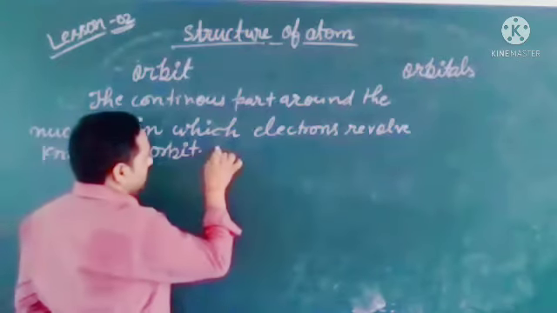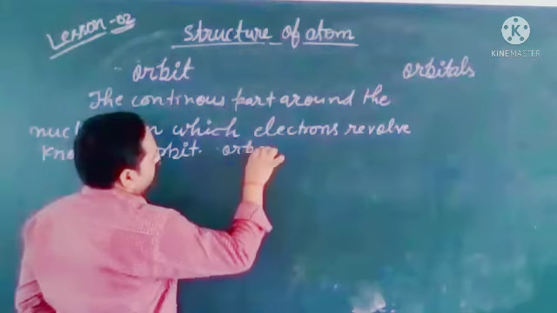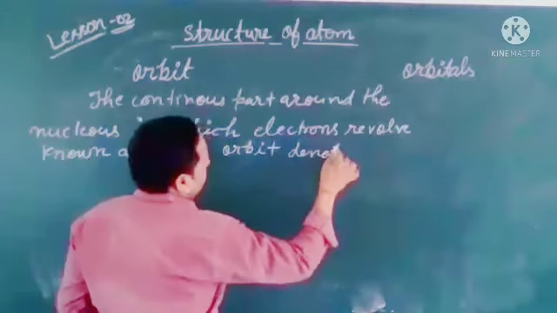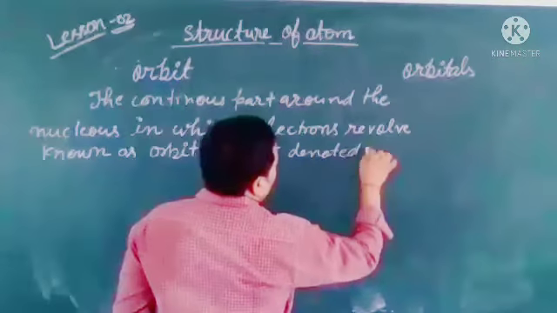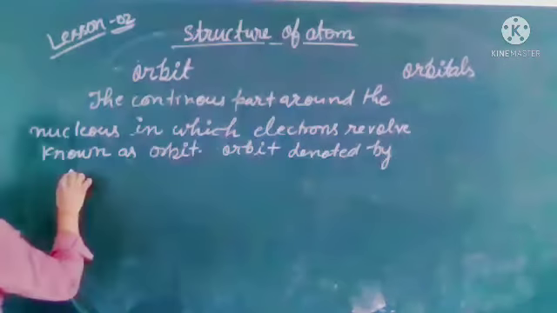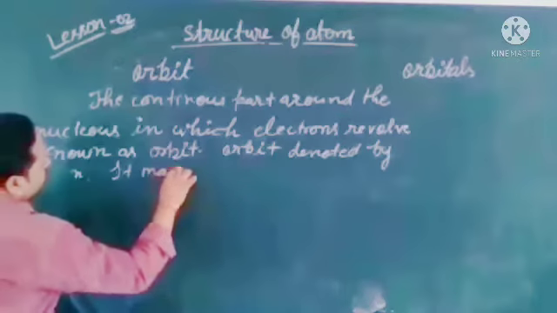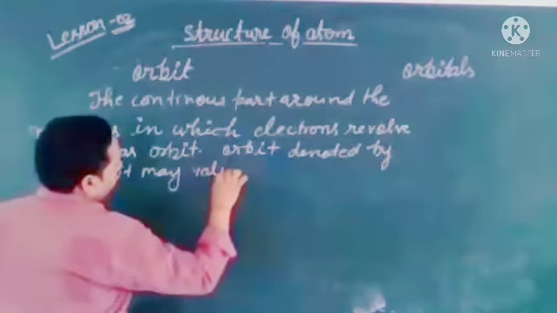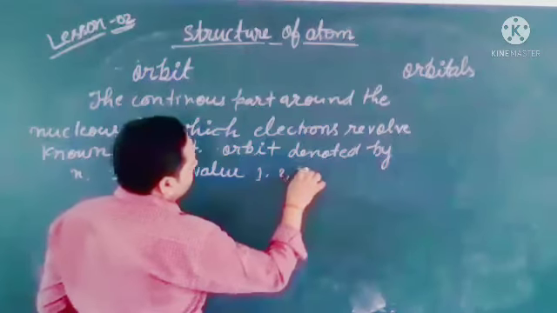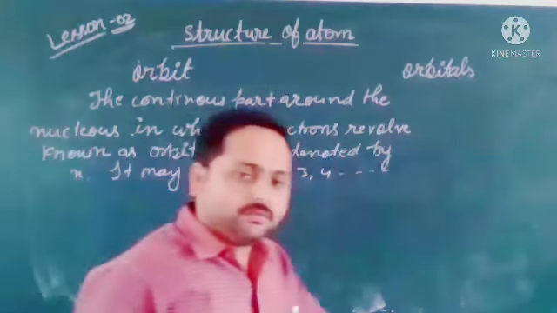And orbit is denoted by n. It may have values 1, 2, 3, 4, and so on. This is the definition of orbit.